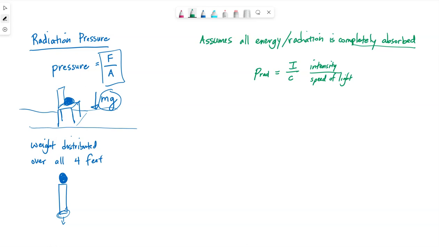Now, we could write this also as the S average over C, if you are not using I, to not confuse it with current.